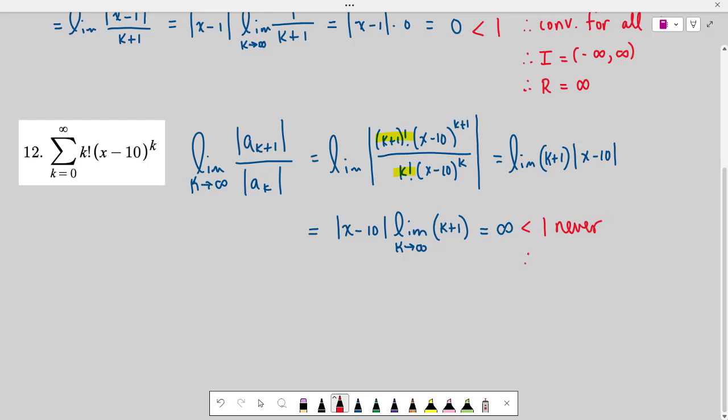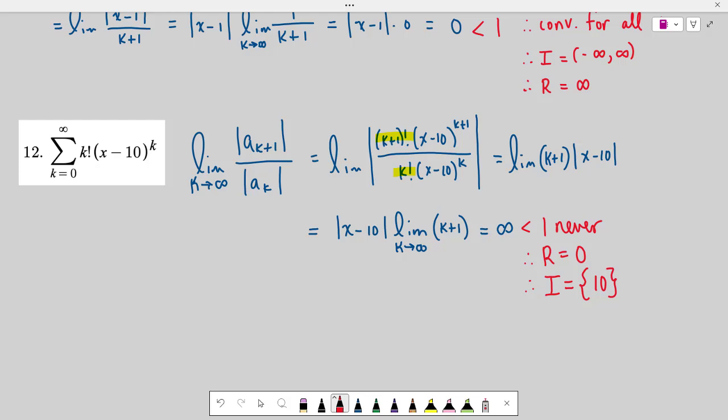So therefore, the radius of convergence is 0, and therefore the interval of convergence is not really an interval. I mean, we write it that way. It's a set that contains just one number, namely the center of the series. Right?